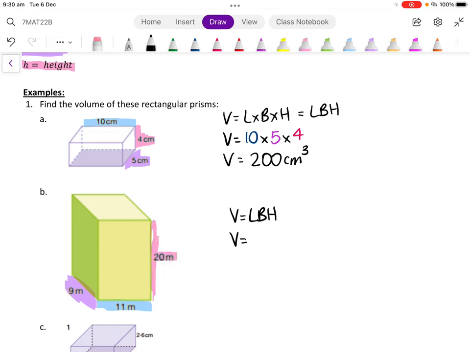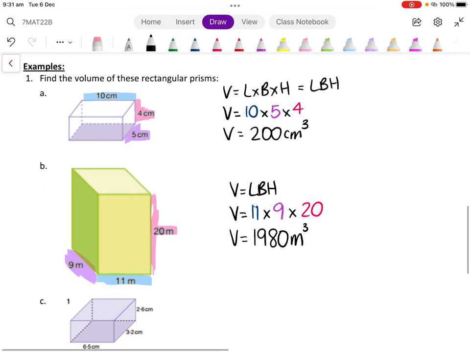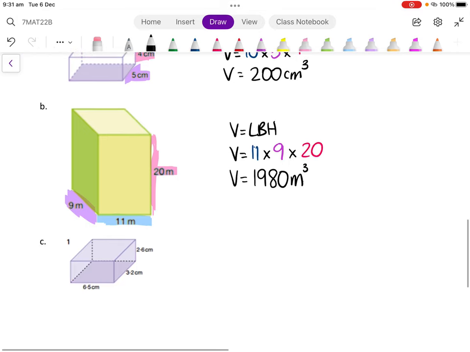So when we put these into our formula by substitution, we get 11 times 9 times 20. So we will get that volume equals 11 times 9 times 20, which is 1,980 metres cubed.